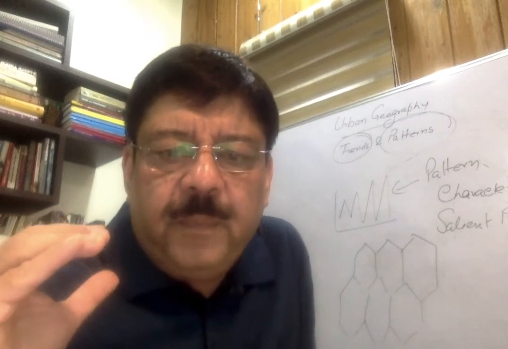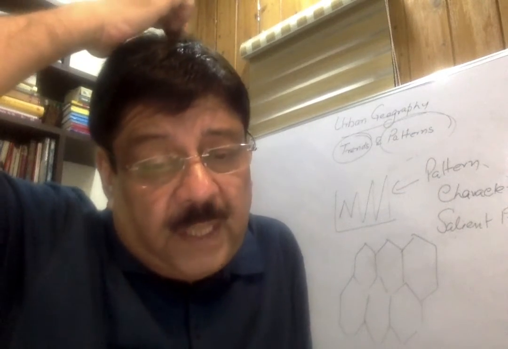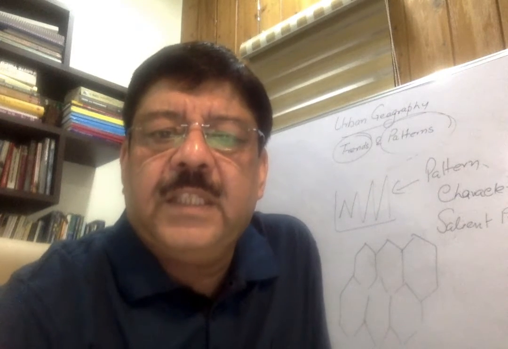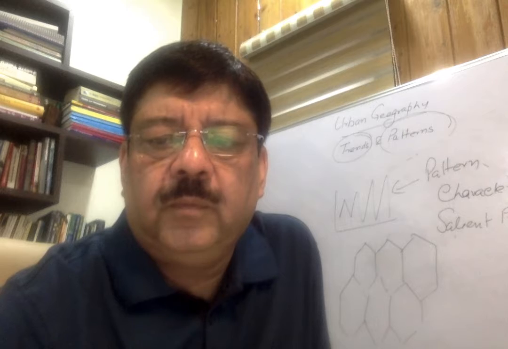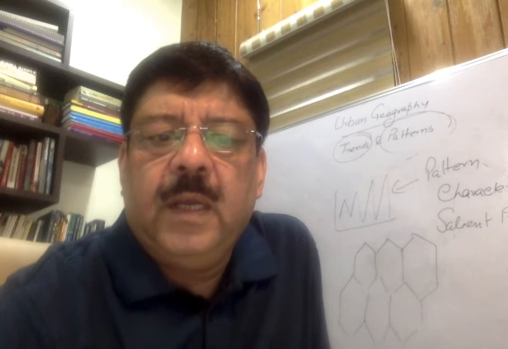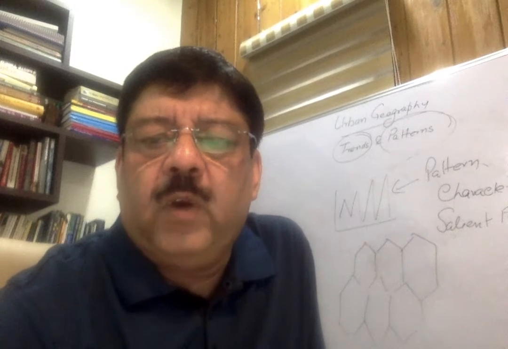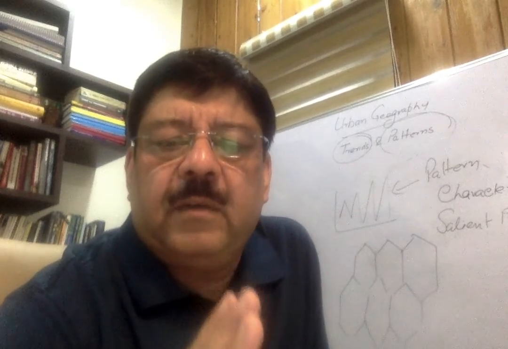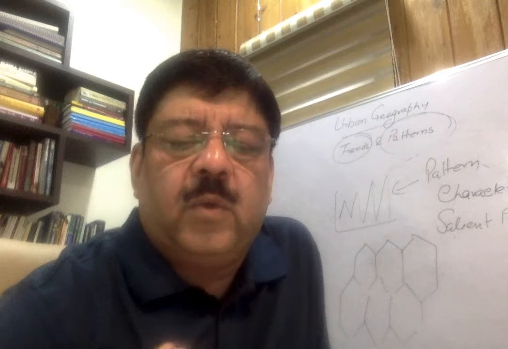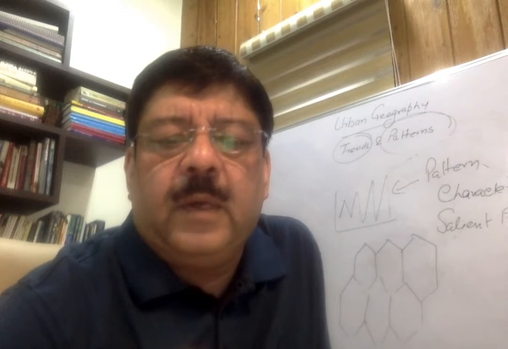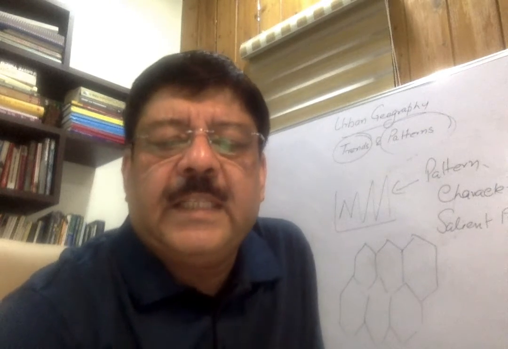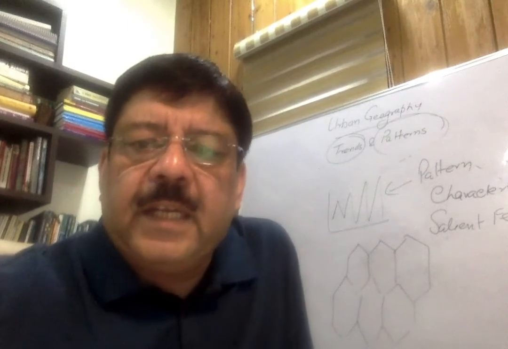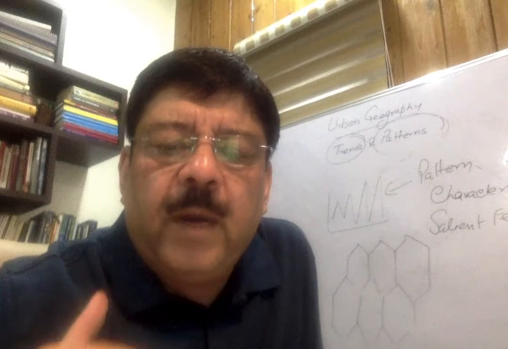So, what is the trend in world urbanization? Where is it going? Is it increasing or decreasing? Increasing. World population is increasing, and urbanization also. The world is becoming more and more urbanized.